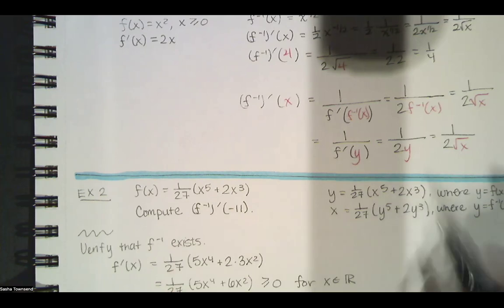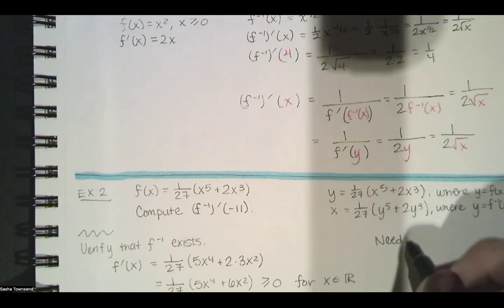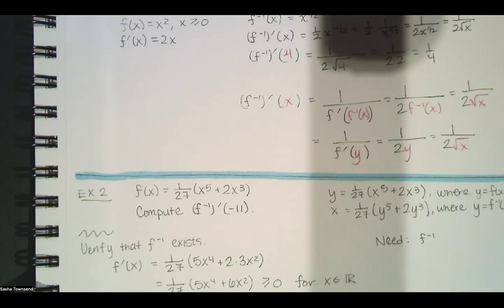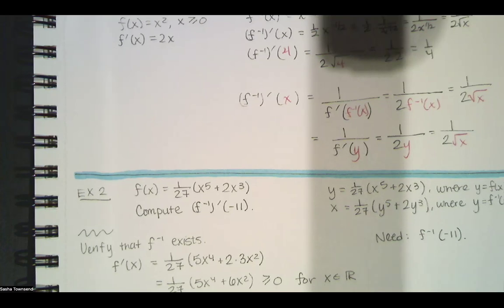let's write that down. We need to find the value of f inverse at -11. Once I know f inverse at -11, I can substitute that into the derivative of f.